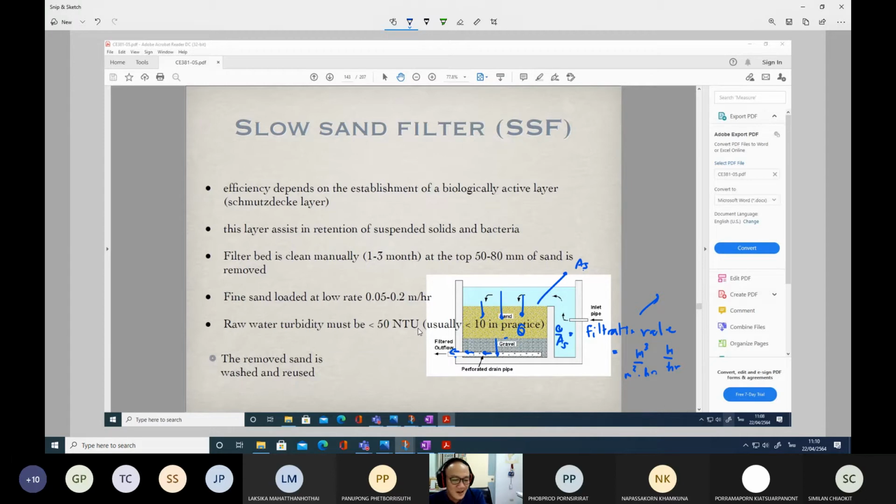Then this sand has to be cleaned, and once it is cleaned, we can reuse it again. So we don't have to waste all the sand covered with the biological layer. We can just remove, clean, and then reuse it, even if we have to do it once in 3 months.